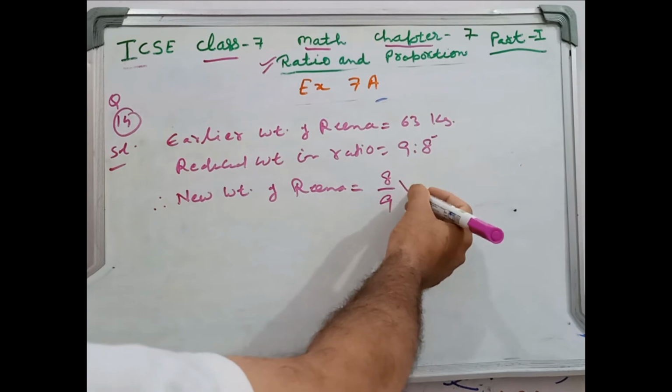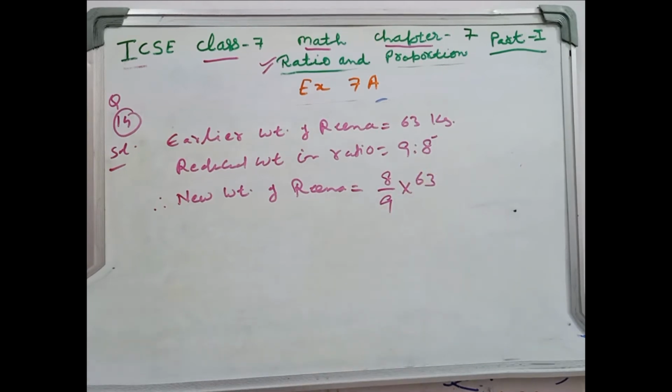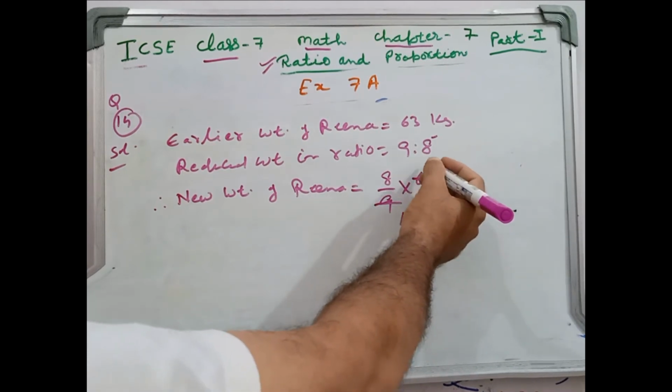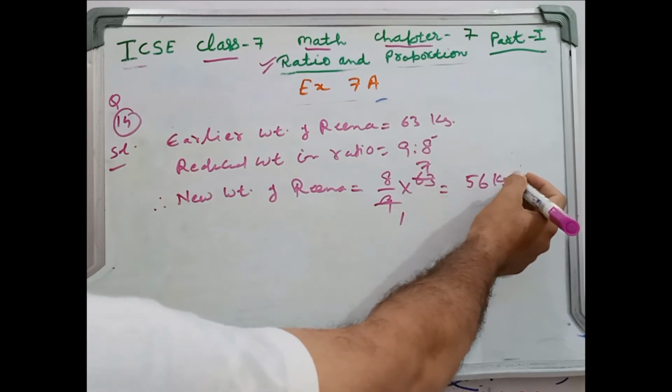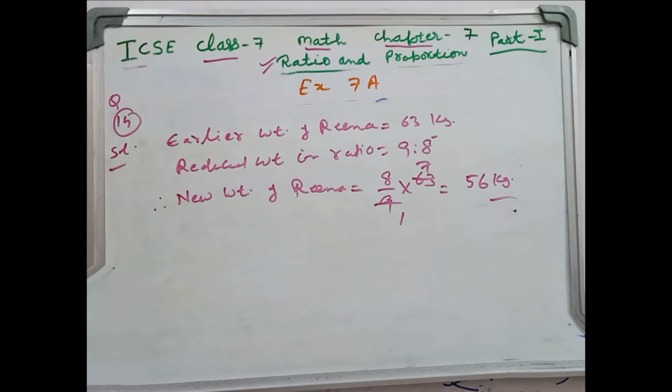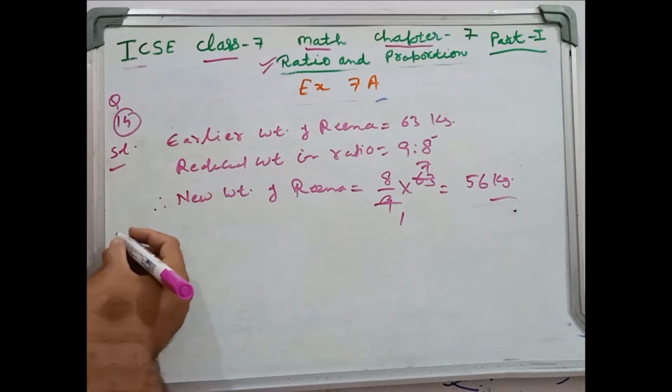So 8 upon 9 of 63. 9 7s are 63, 8 7s are 56. Her weight would be 56 kg. Right students, now we will move on to the next question.